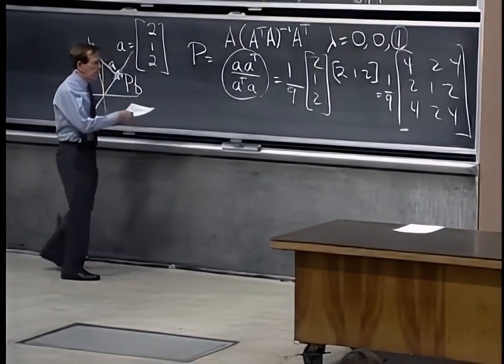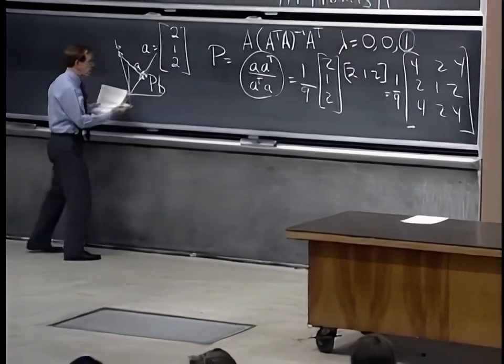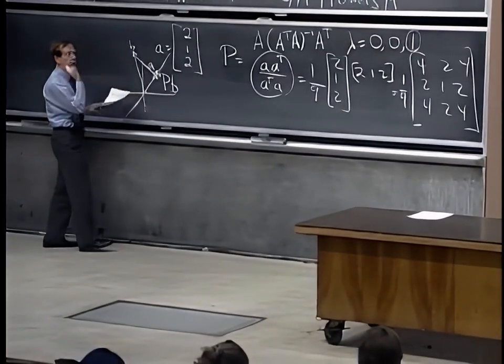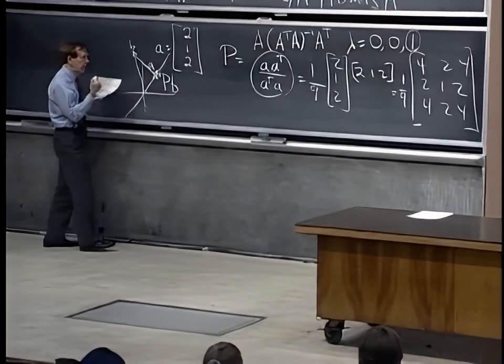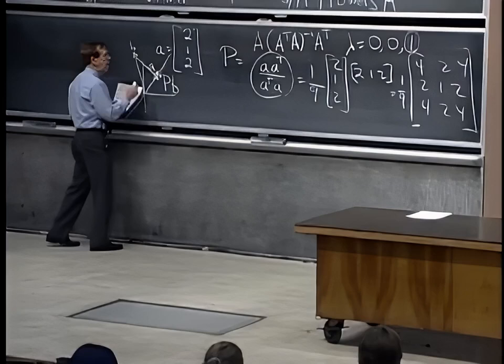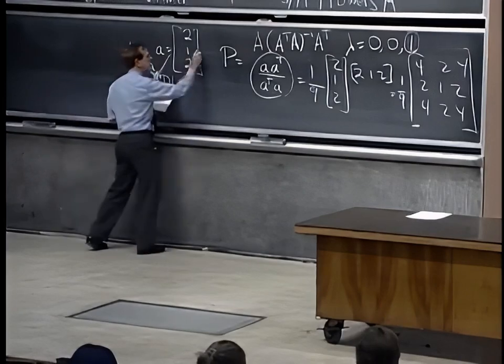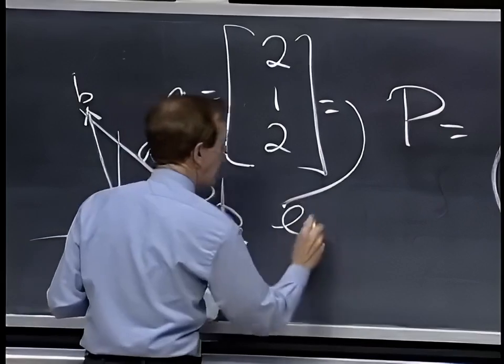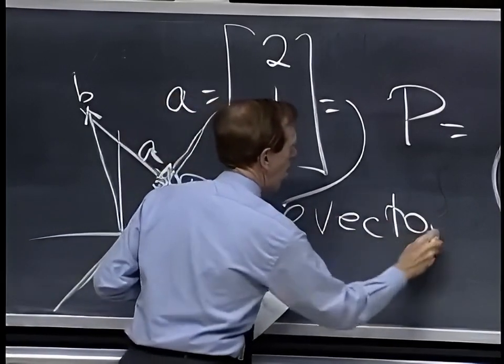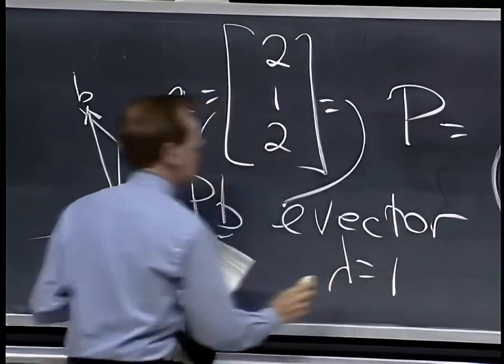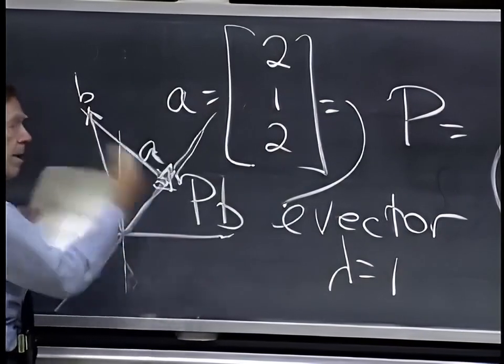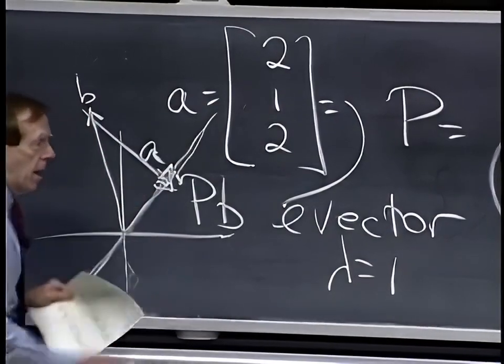It's the vector that doesn't move, eigenvalue 1, so the vector that doesn't move is A. This A is also the eigenvector with lambda equal 1, because if I apply the projection matrix to A, I get A again.